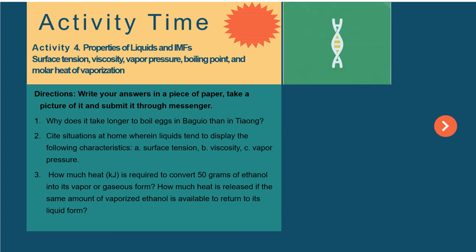Number 3 is problem solving. How much heat is required to convert 50 grams of ethanol into its vapor or gaseous form? And also how much heat is released if the same amount of vaporized ethanol is made to return to its liquid form.